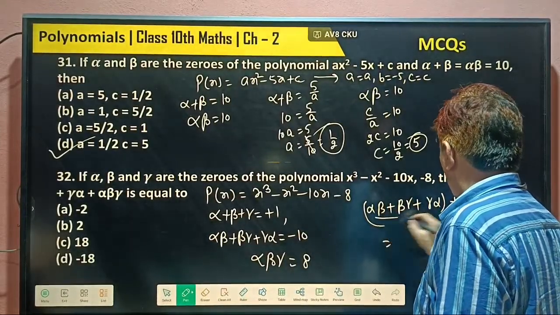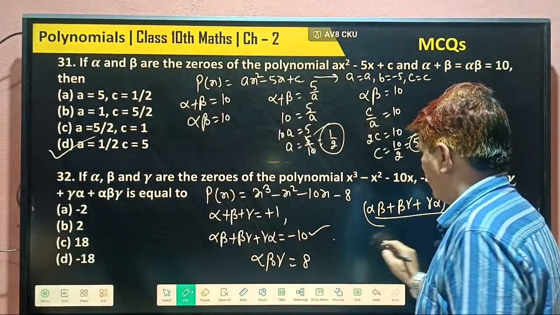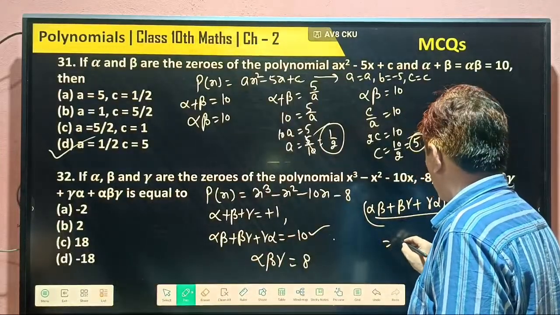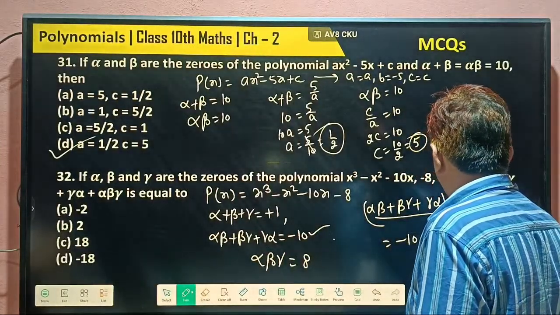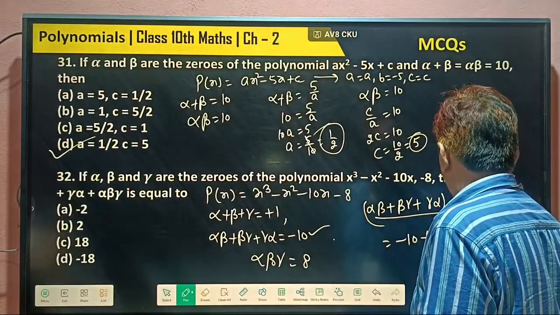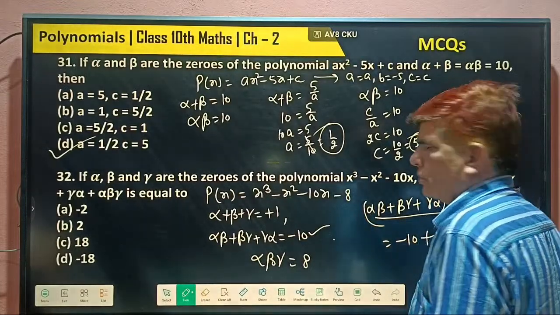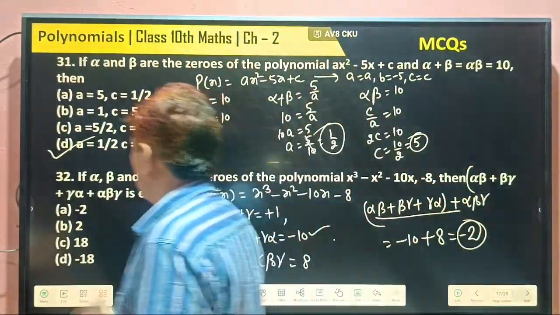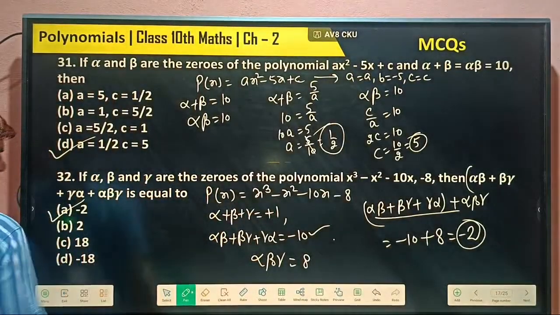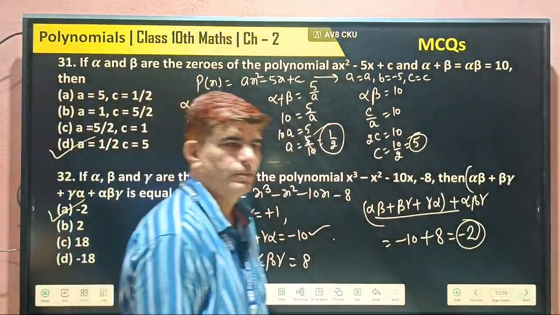So what's the value of this whole? 10, minus 10, sorry. What's the value of this? Plus 8, how much? Minus 2. So this is your answer.